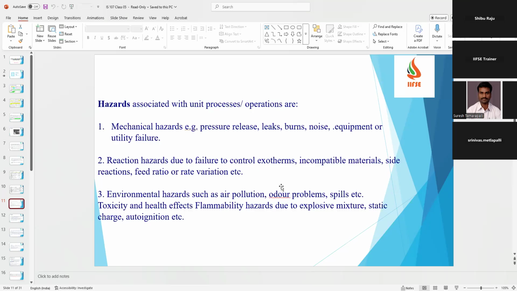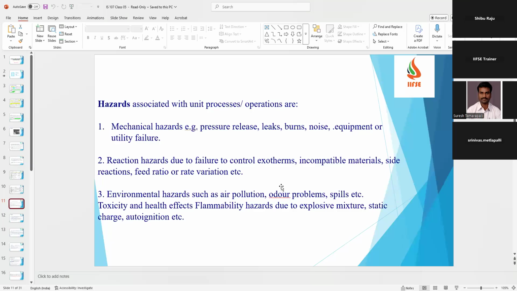Then reaction hazards due to failure to control exotherms and incompatible materials, side reactions, feed ratio or rate of variation. So reaction hazards due to failure to control exotherms: our systems are not capable enough to control the exothermic reactions, and also incompatible materials.